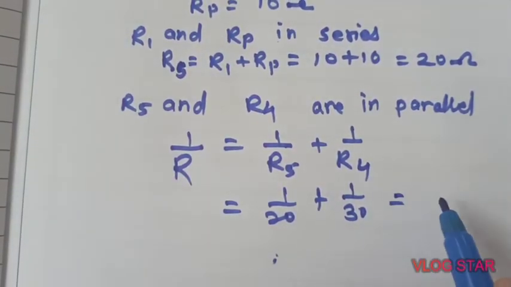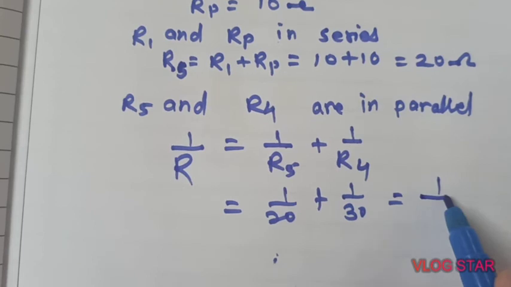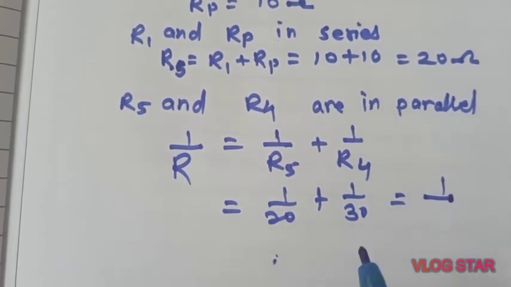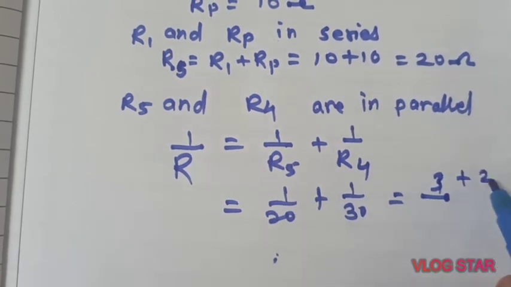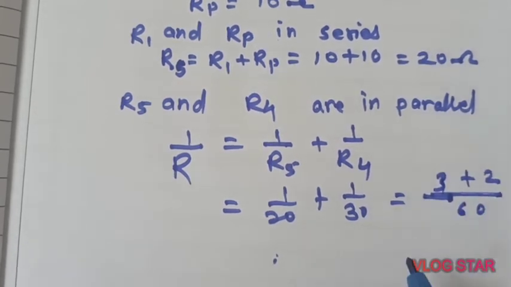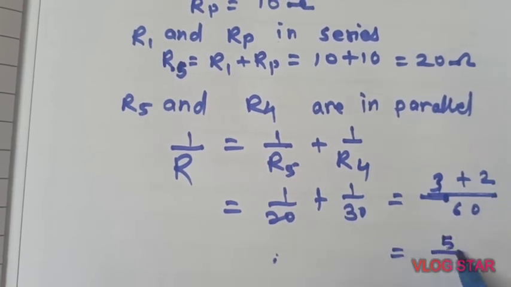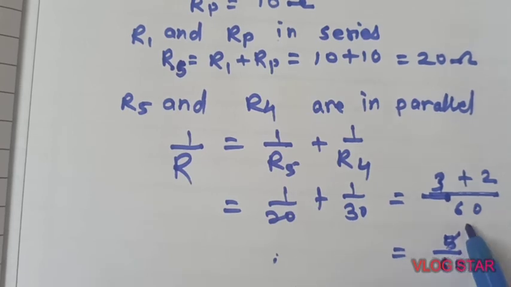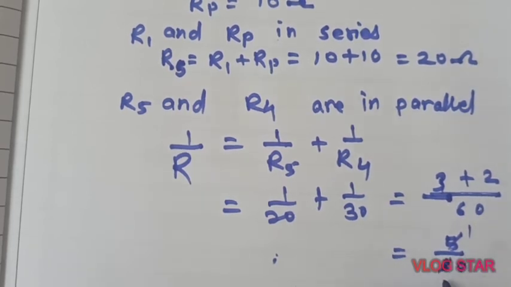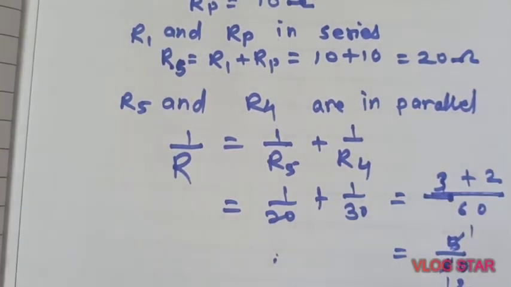For this combination, take the LCM, which is 60: this is 3 plus 2, that is 5 by 60, and after reduction we get 1 by 12.